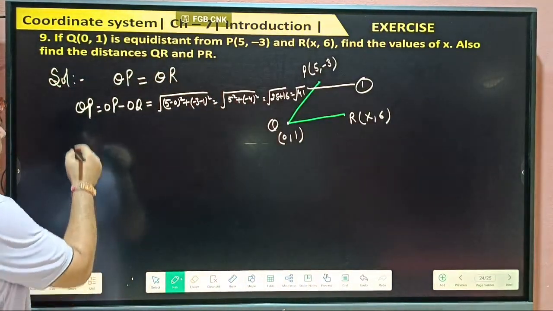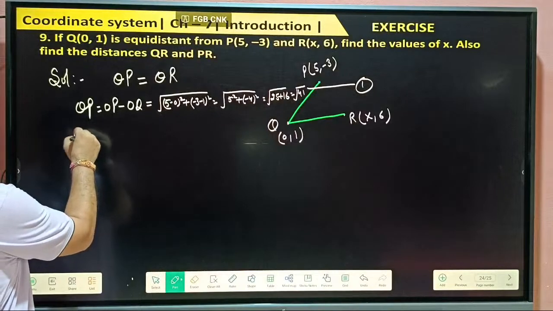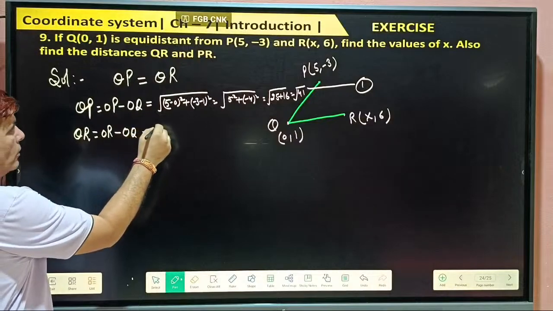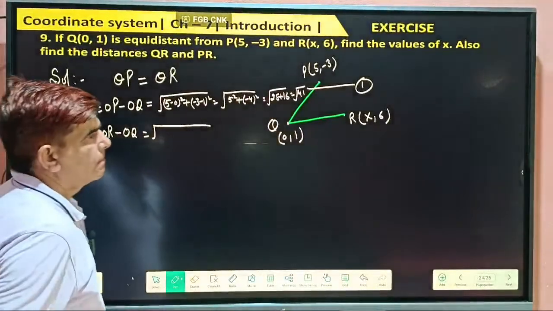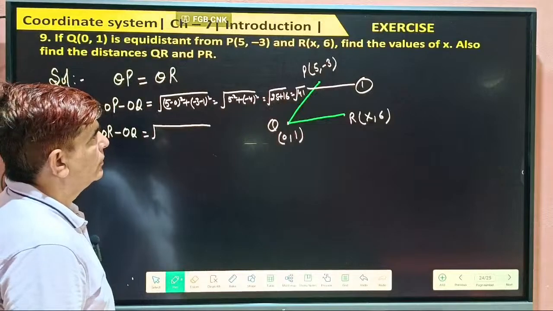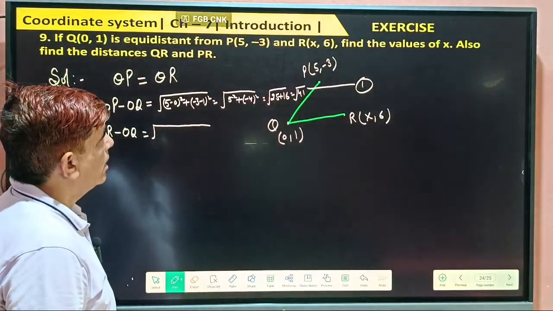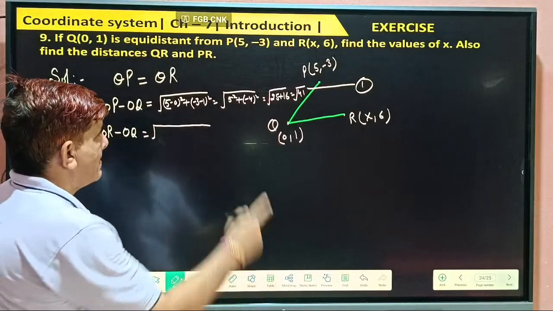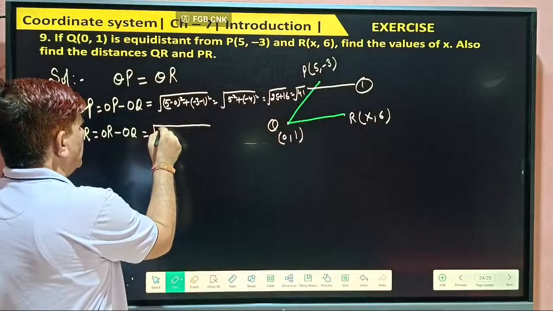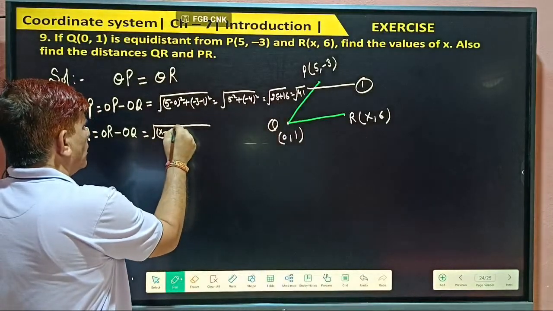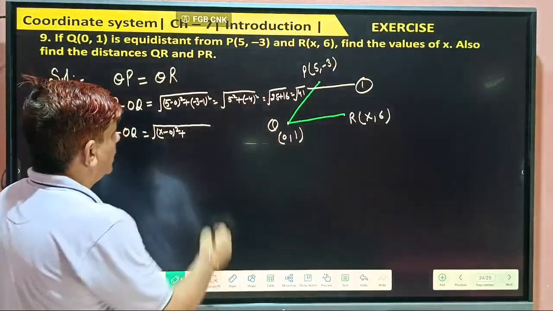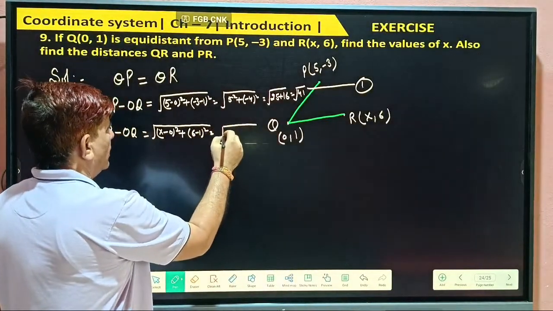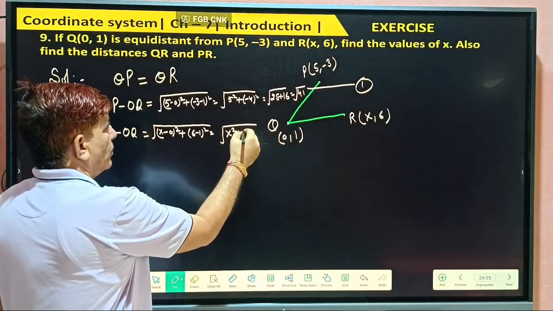Now, what can we find out? QR equal to OR minus OQ. So find out. (x minus 0) whole square plus (6 minus 1) whole square, and this we can write like this: x square plus 5 square.